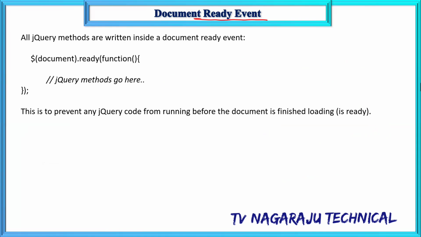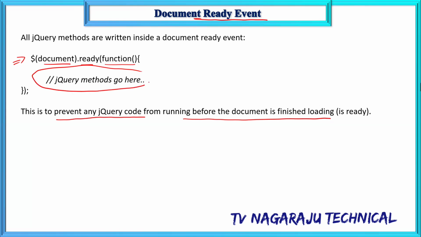But to execute a jQuery event, the first thing is that the document is loaded into the page. So, to prevent any jQuery code running before the document finishes loading, we write this: $(document).ready(function.